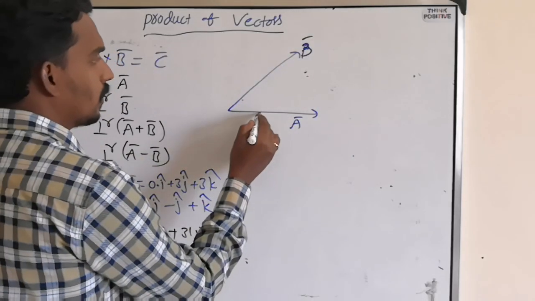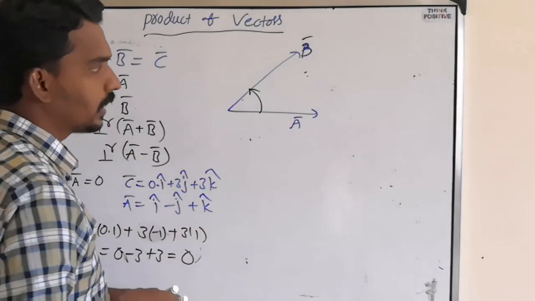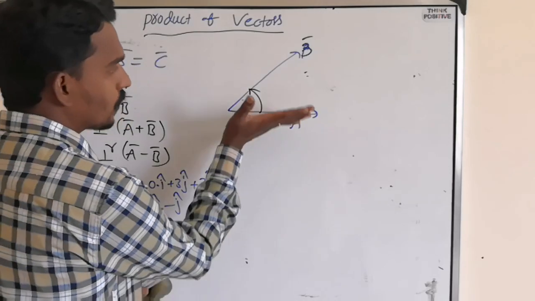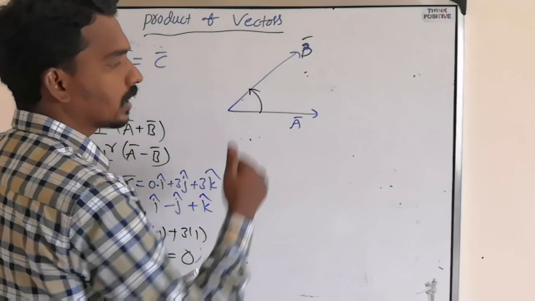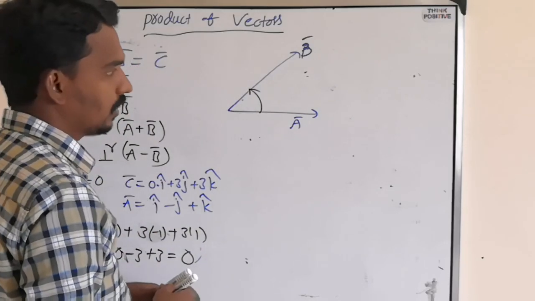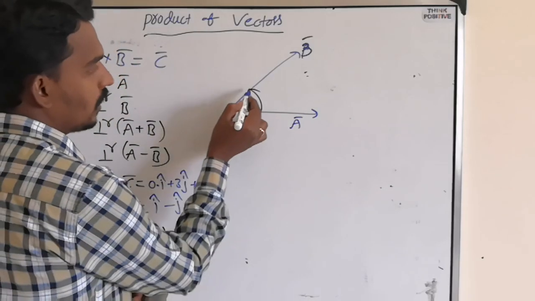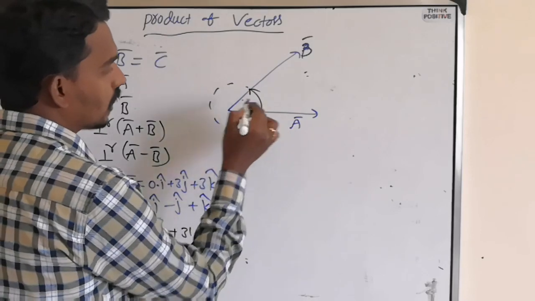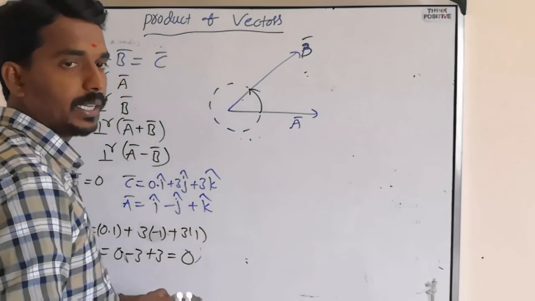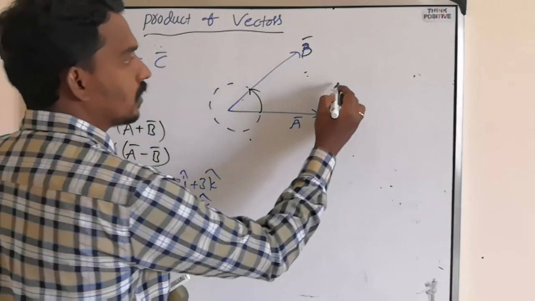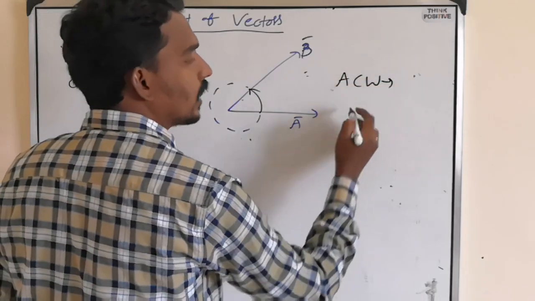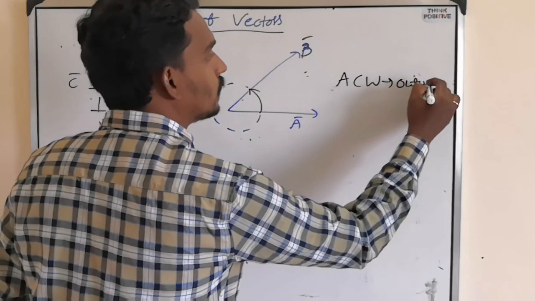Then make an arrow from a to b. Then curl your fingers from a to b. Then the thumb gives the direction of a bar cross b bar. Or else, in another way, if you complete the circle from a to b, now it is anti-clockwise. So if it is anti-clockwise, then outward.